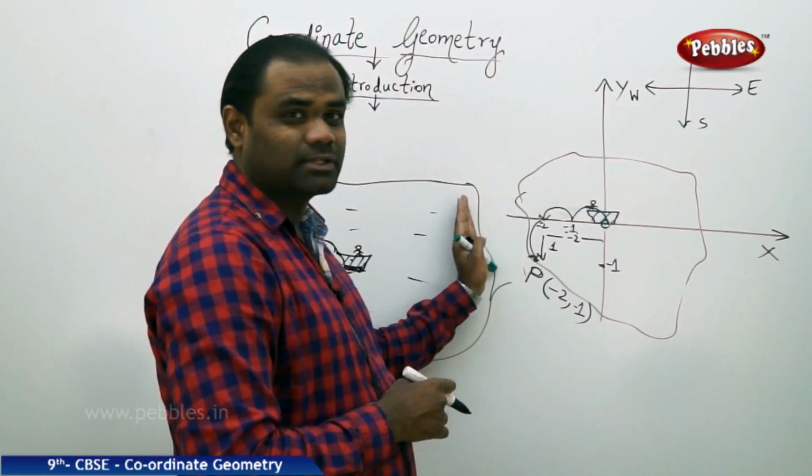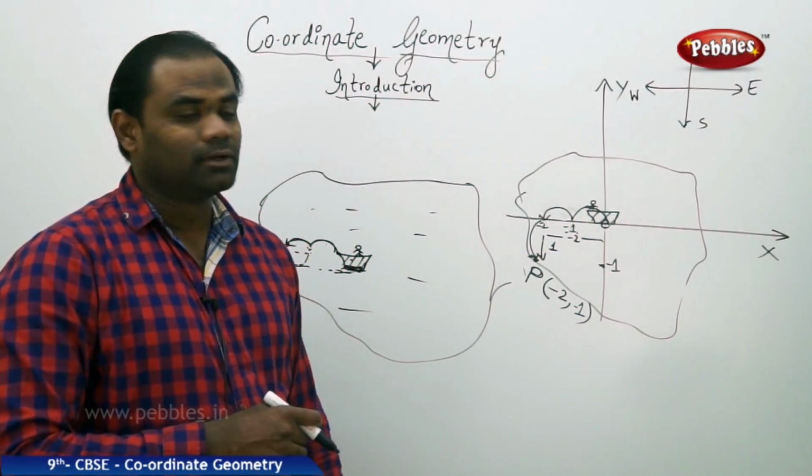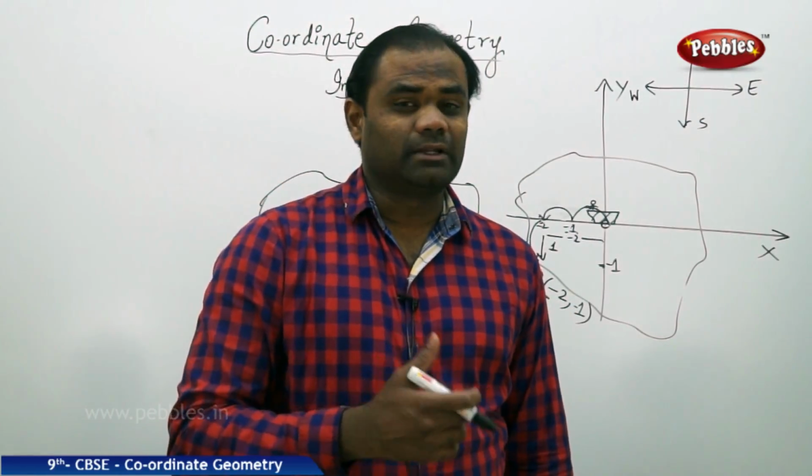On the left we have negative x values, on the bottom we have negative y values, and therefore we have the coordinates of P which come out to be (-2, -1).